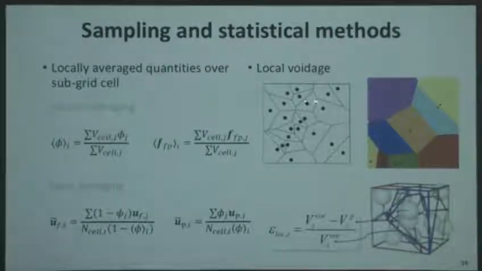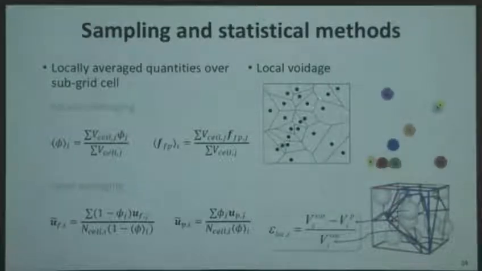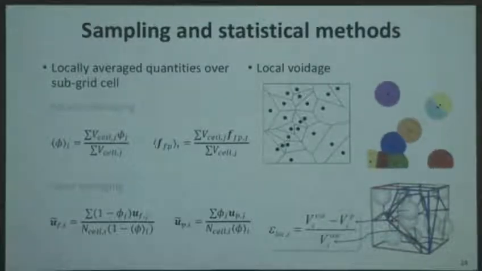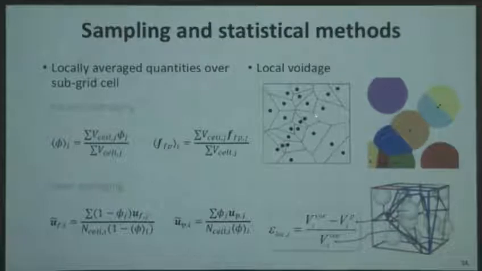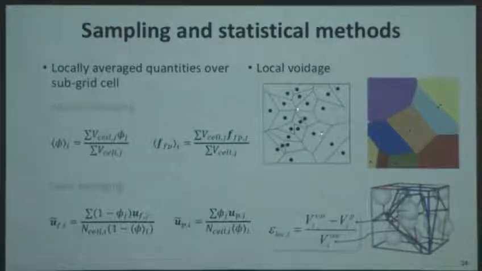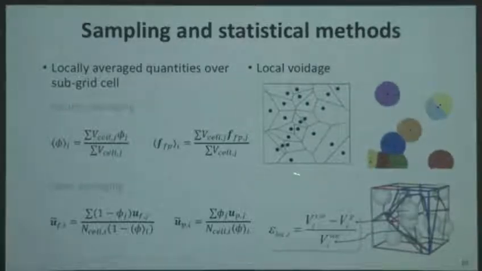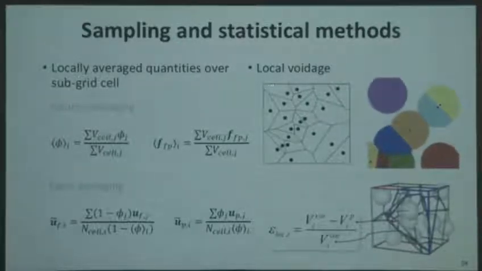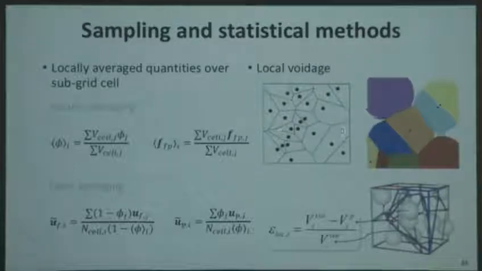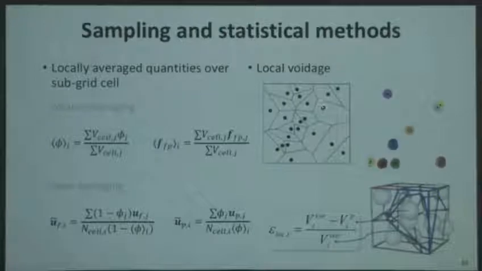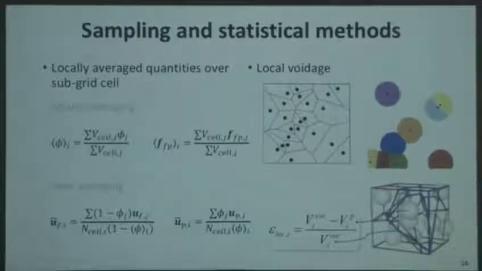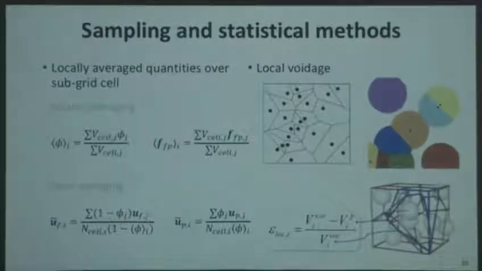So the fluid flow velocity and also the voidage, everything can be calculated based on this concept. And then if you want to understand the cell-based values, you can take the average over each particle. So the particles are again the element for the averaging.